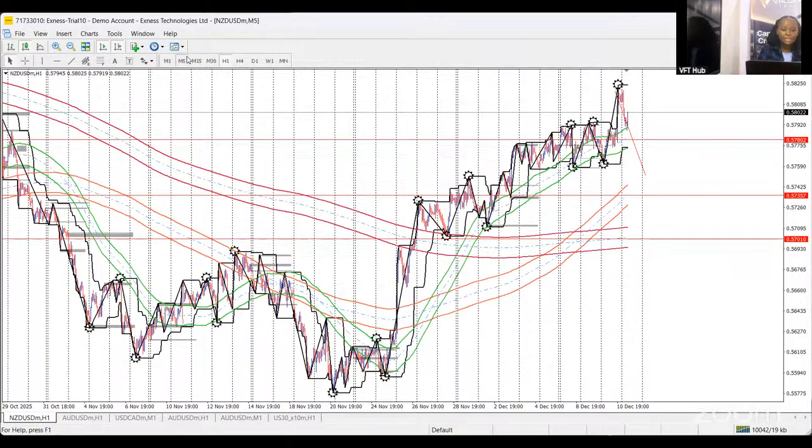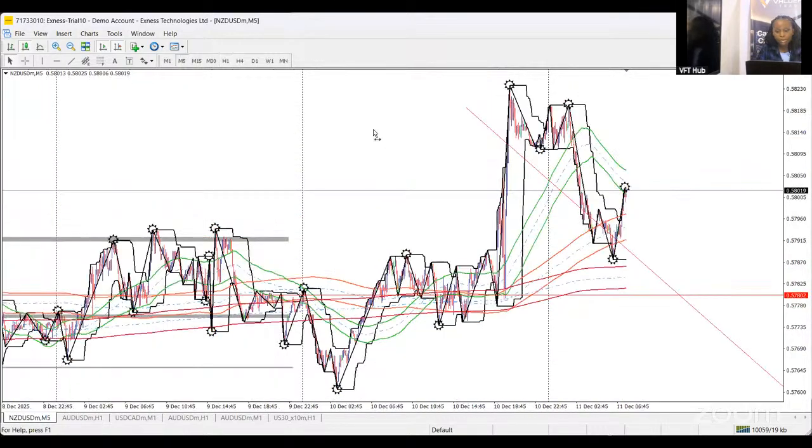M5, what are we doing? Yesterday's high, low, day before yesterday's high, and low as well.